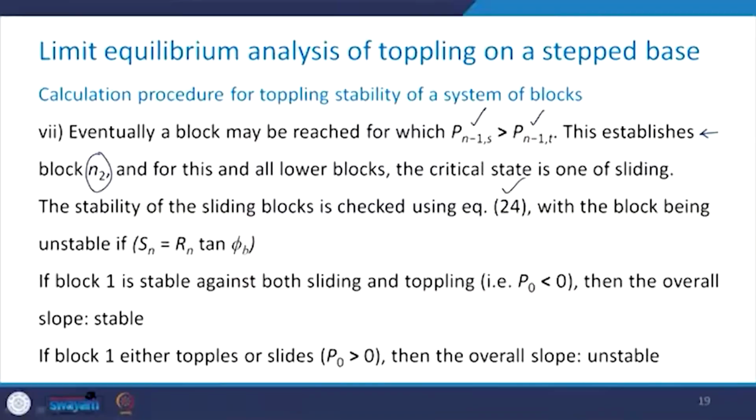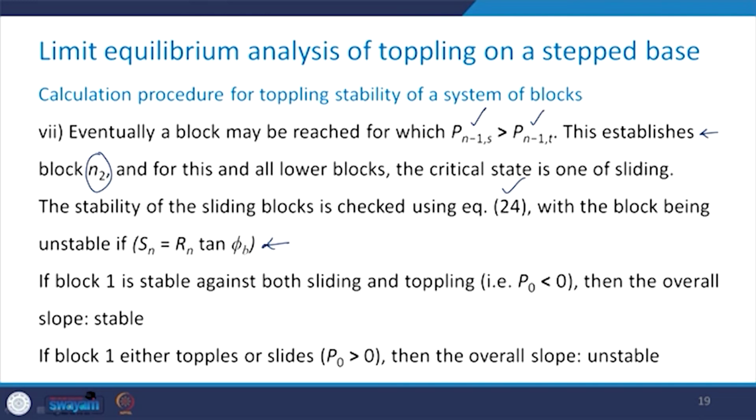So, the stability of the sliding block is now going to be checked by using equation number 24, with the block being unstable if Sn is equal to Rn tan of phi b.